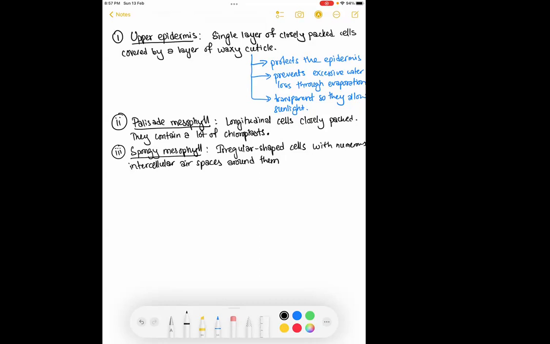Another thing to note down is that the ones I'm writing in blue are all the functions.